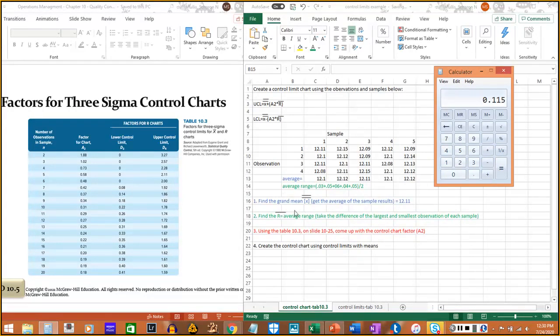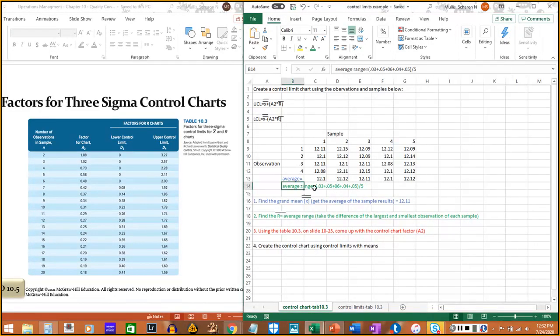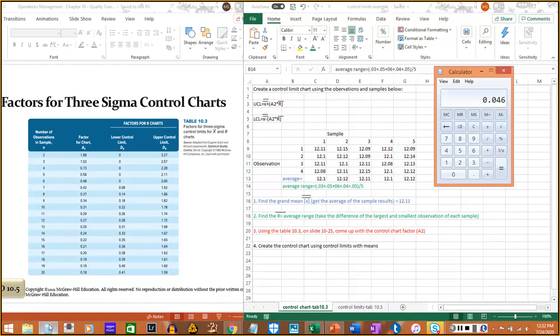So that would be our average range. Actually, instead of dividing it by 2, you're supposed to divide it by 5 because you have 5 samples. And that number is 0.046.